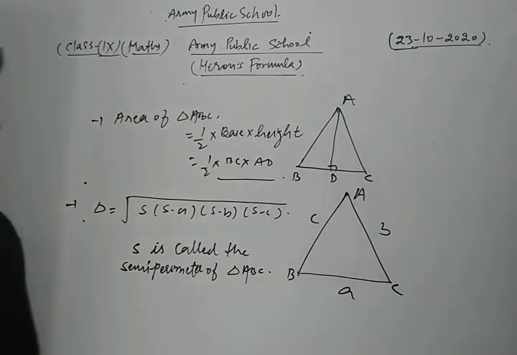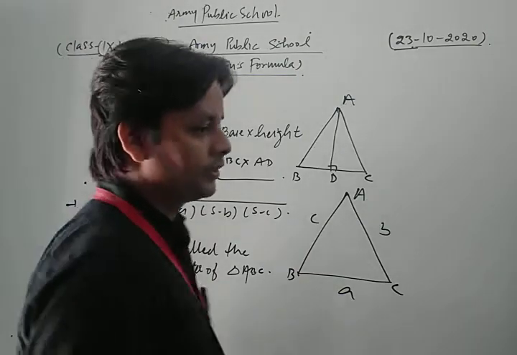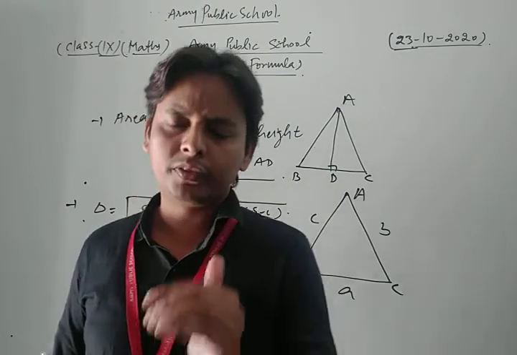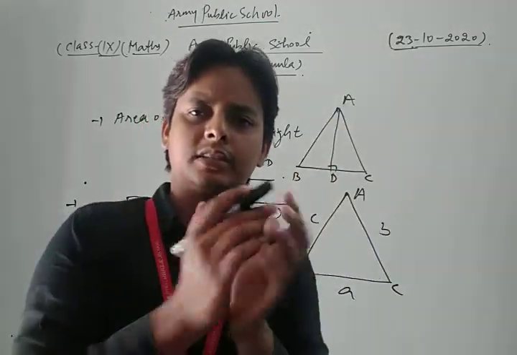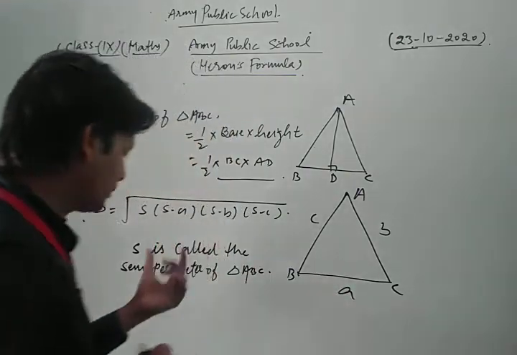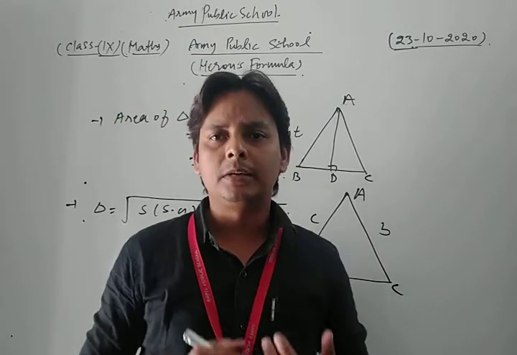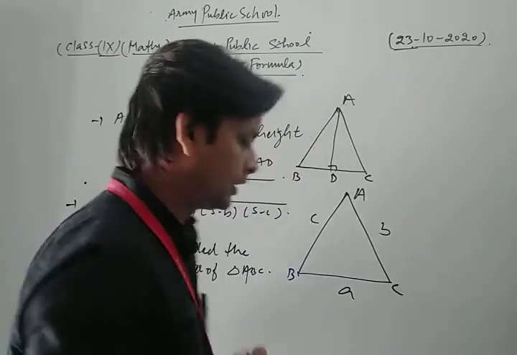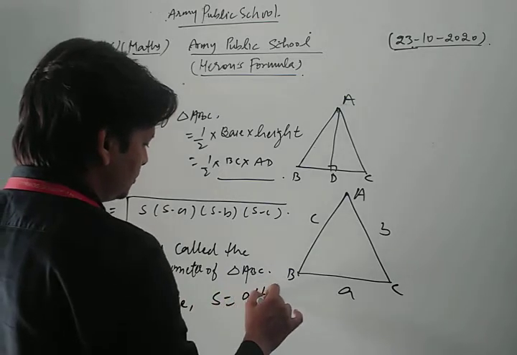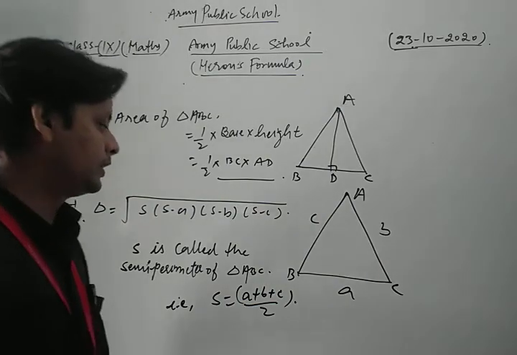Now, dear friends, let us see how we find the semi-perimeter. In the previous class we also discussed the perimeter. Perimeter means the sum of all the sides of a triangle. The semi-perimeter is half of the perimeter of the triangle, that is, S is equal to a plus b plus c by 2.